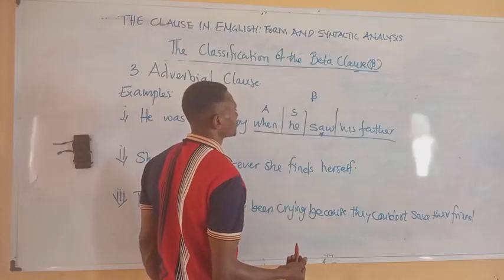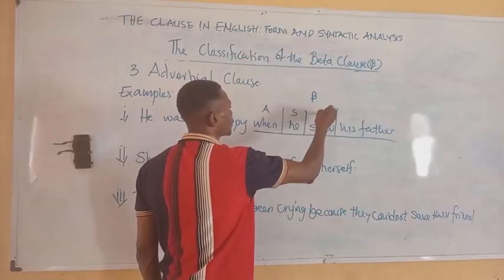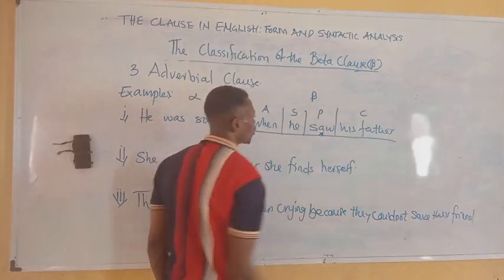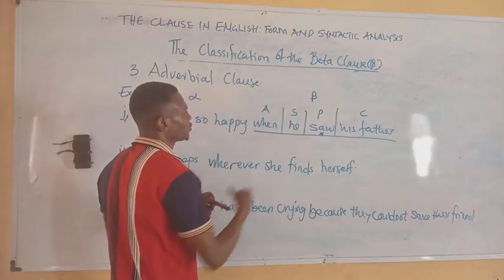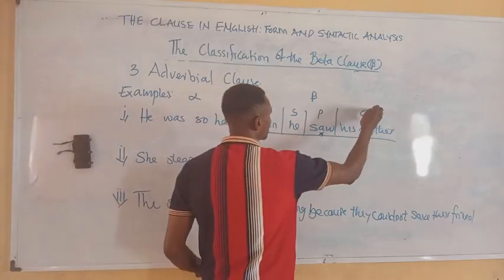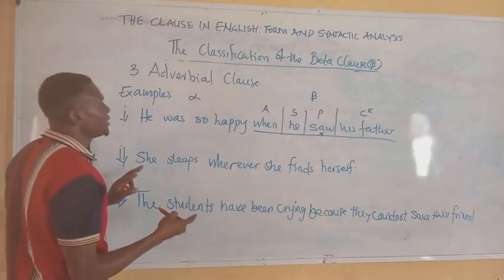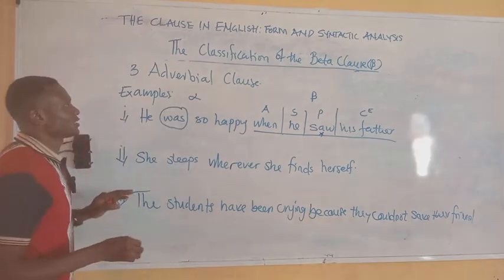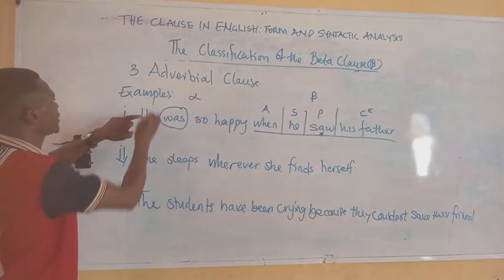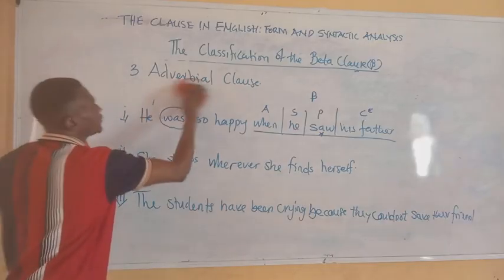Here will be what? That is predicator. This one will be complement. What type of complement is it? Saw is father, complement extensive. So the real verb here now is what? Was. The full analysis.